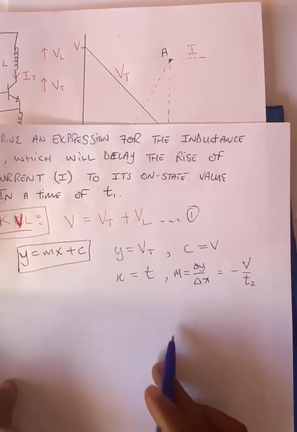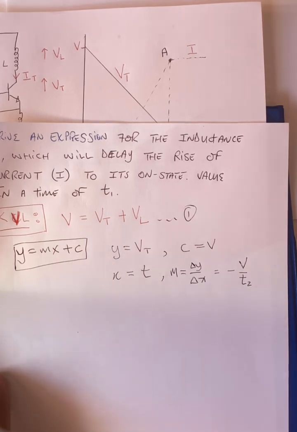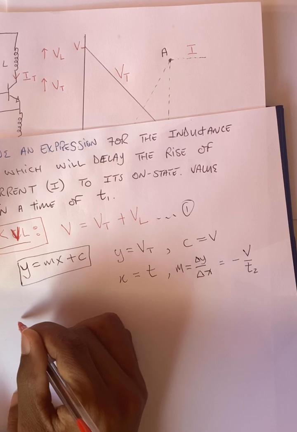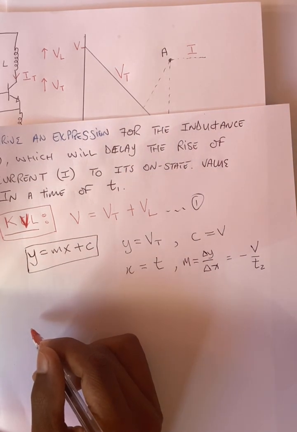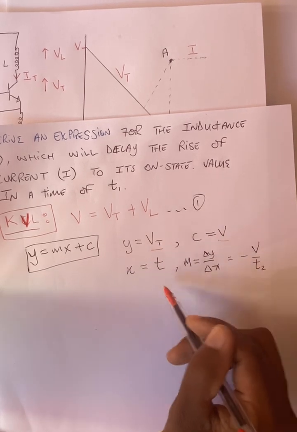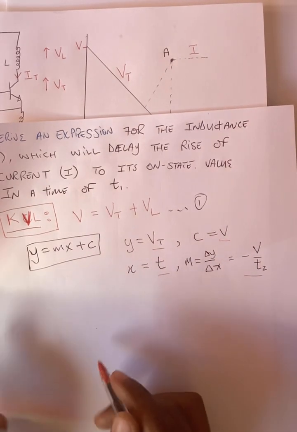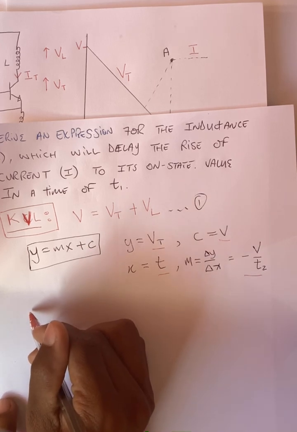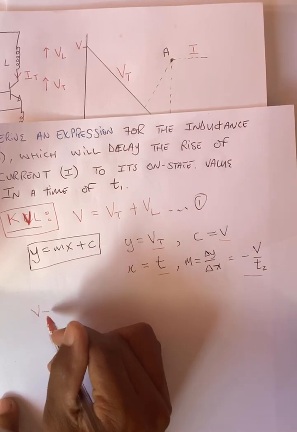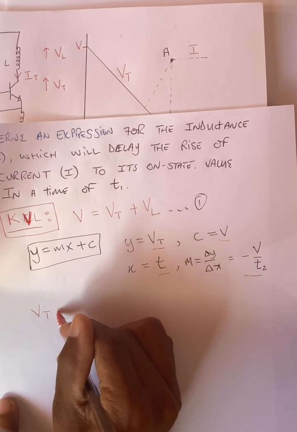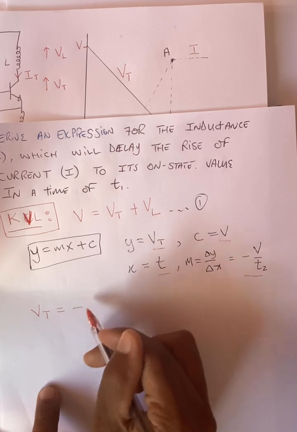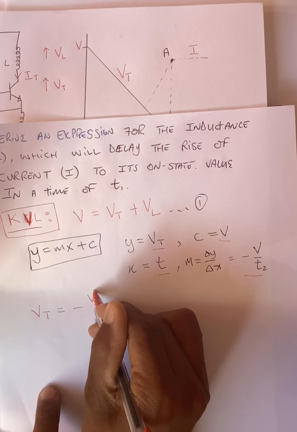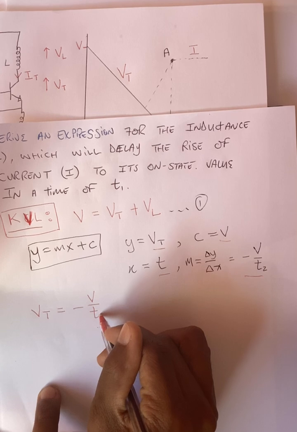So now we can take all of this and put it back in our formula, y equals mx plus c, with this new set of values. Upon replacing them we will find that v subscript t is equal to negative V over t2.